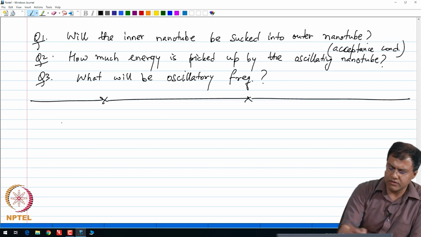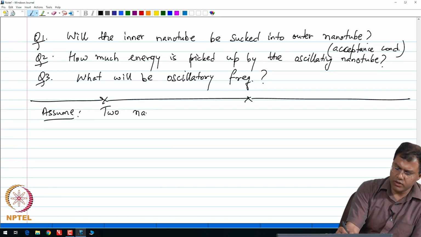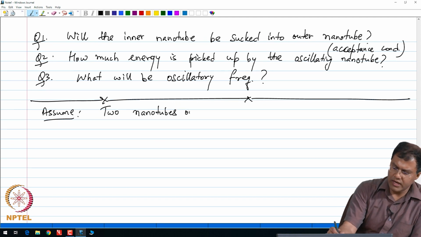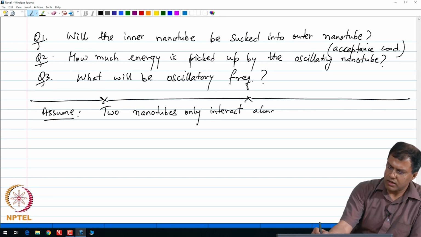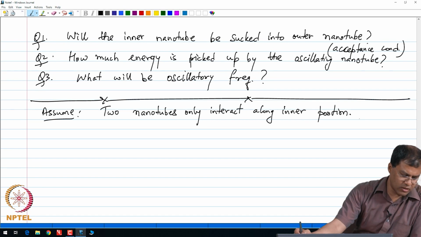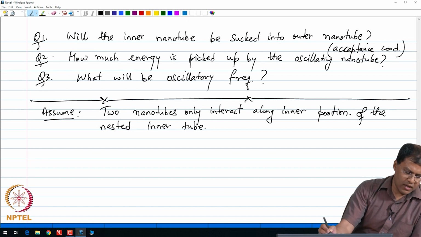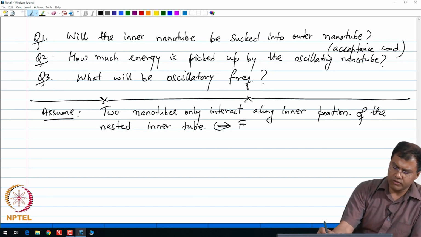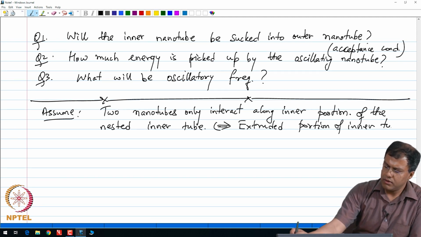Okay. So, the assumption before I answer this question is, assume the 2 nanotubes only interact along the inner portion of the nested inner tube, right, or it is equivalent to saying that the extruded portion of the inner tube does not contribute.